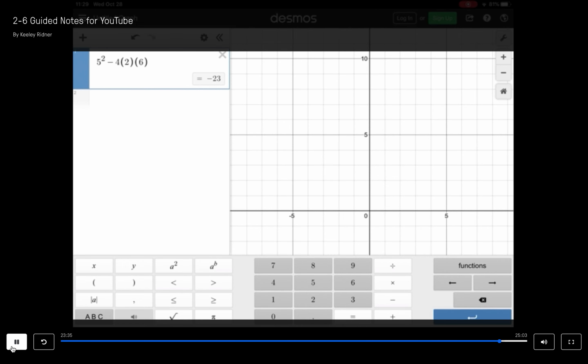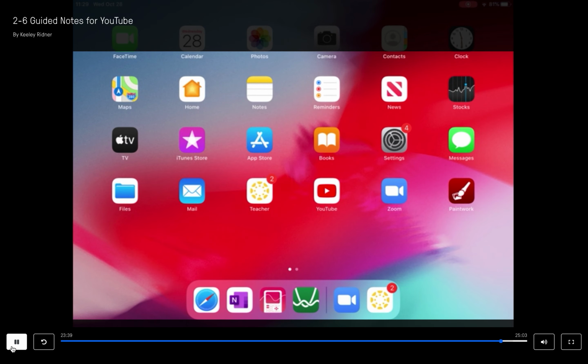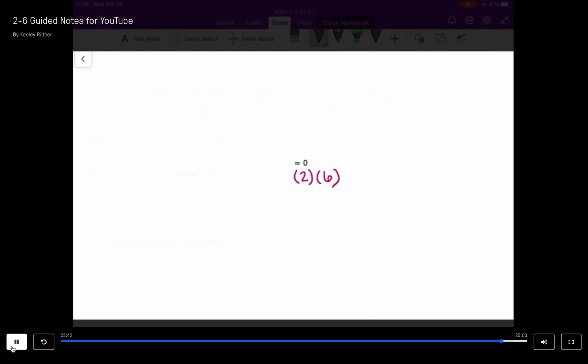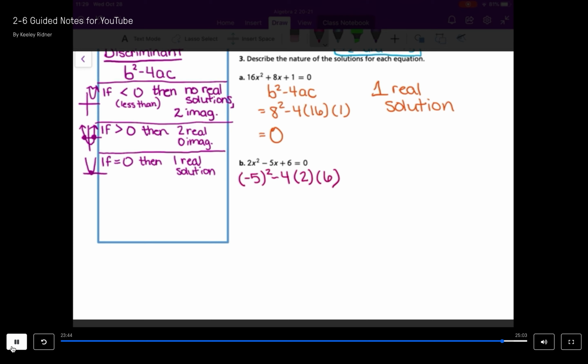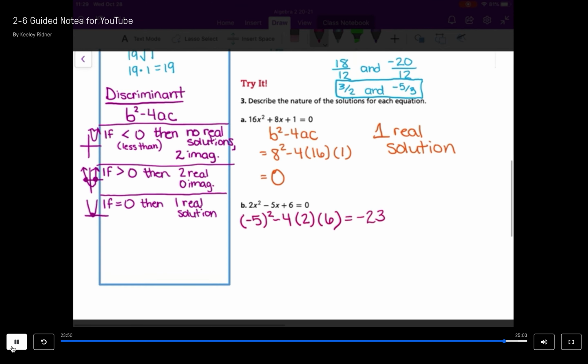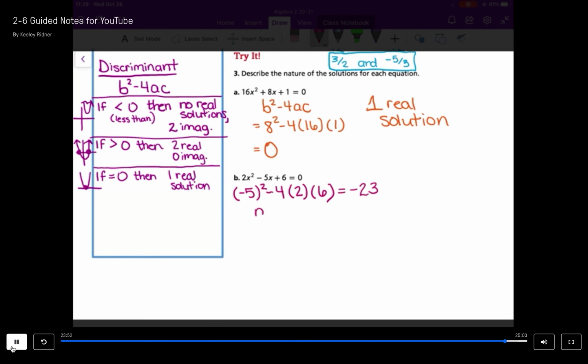All right, so 5 squared minus 4 times 2 times 6 is -23. Remember, if it is a negative number, that is less than 0, so it has no real solution. And it has 2 imaginary solutions.